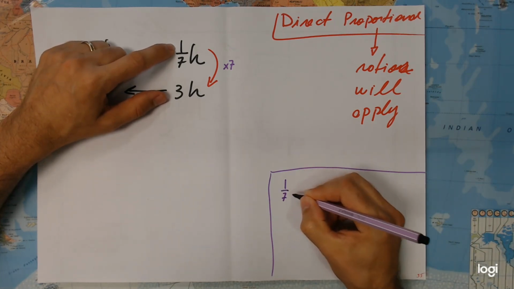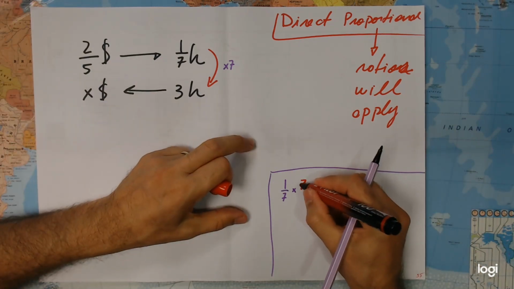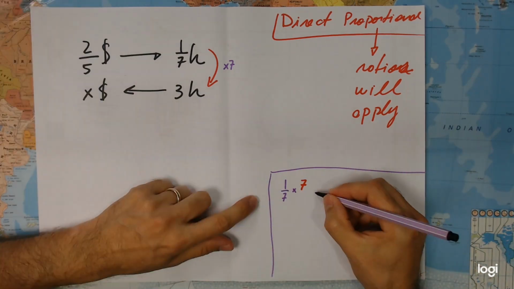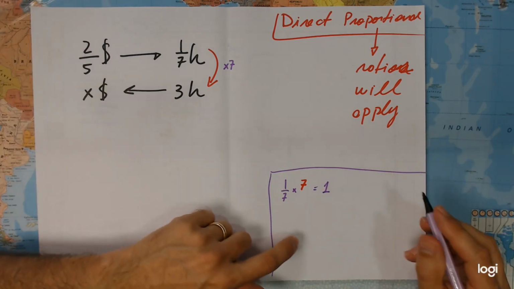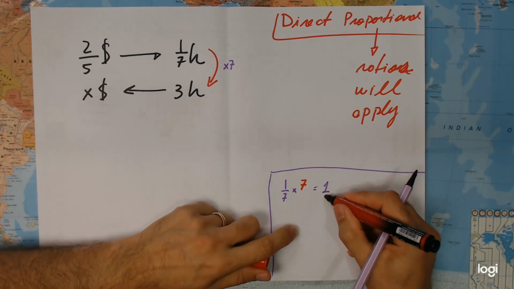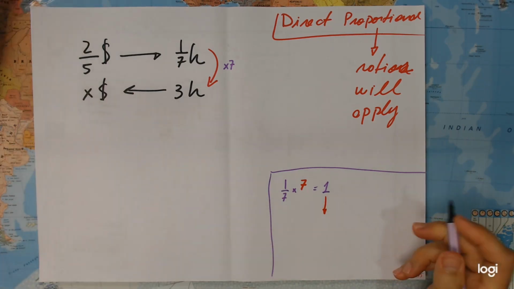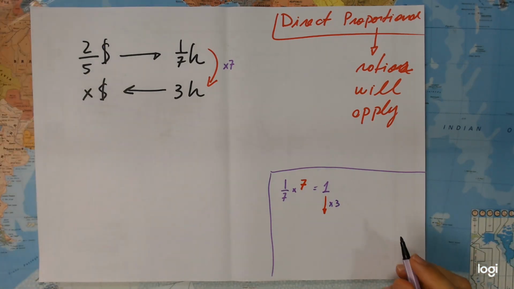1/7. When I multiply by 7, what do I get? I get 1. Good. It's wonderful. Now, if I just take this 1 and I multiply by 3, what do I get?